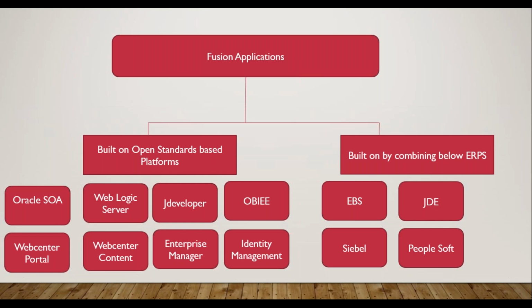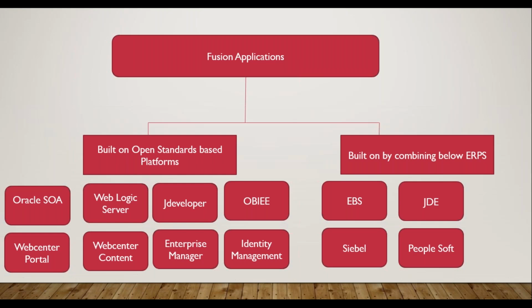By selecting the best features out of these ERPs, because these ERPs are owned by the Oracle Corporation, PeopleSoft, JDE, Siebel, which were bought by the Oracle Corporation. So they have collected the best features from each one.